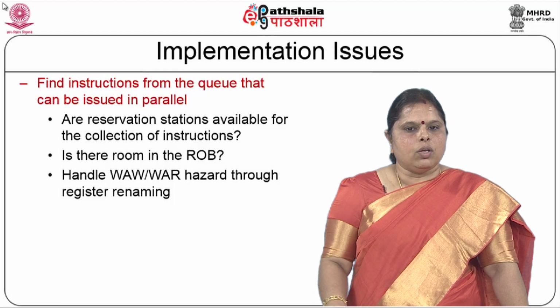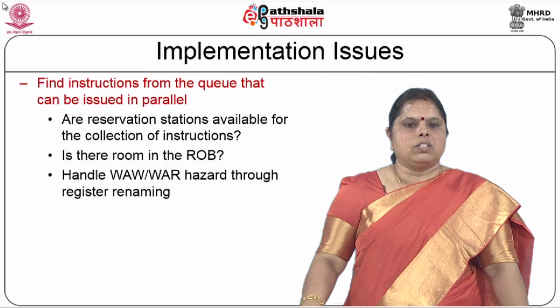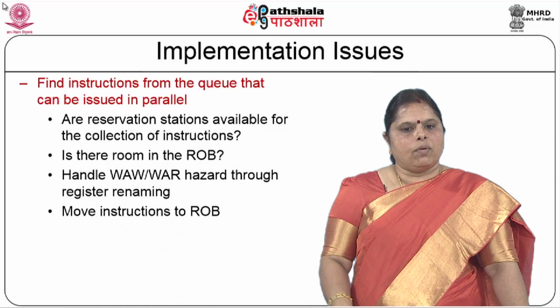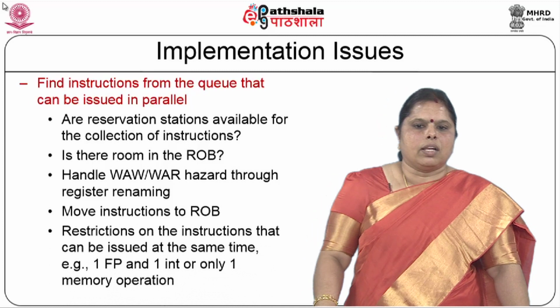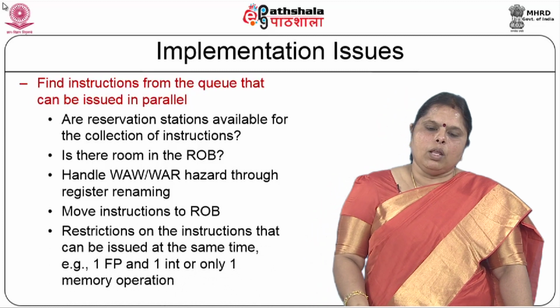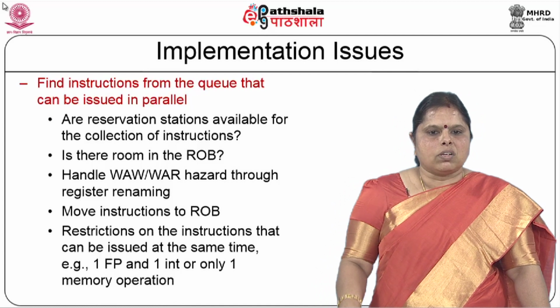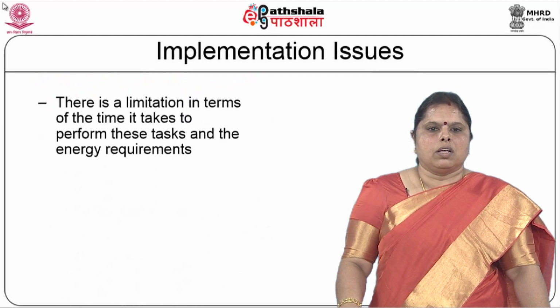How have you handled your WAR and WAW hazards through register renaming? Do you have enough reservation stations, and have you done the renaming process properly? And you will have to move instructions to the ROB. Are there restrictions on the instructions that can be issued at the same time? Can I look at any type of instructions that can be issued together, or are you restricting the types of instructions that can go together? All these are again design issues.